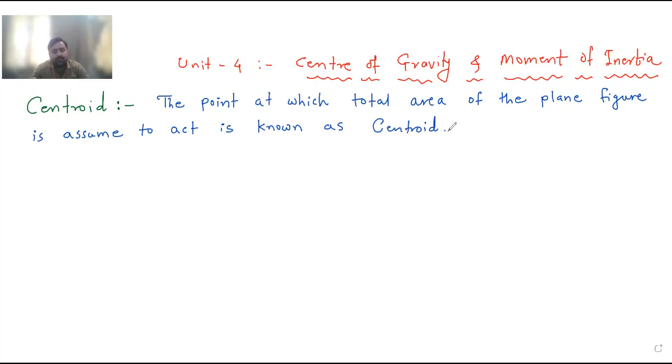Okay, simple definition. The point at which the total area of the plane figure is assumed to act. This is the point through which the total area of the plane figure is assumed to act.